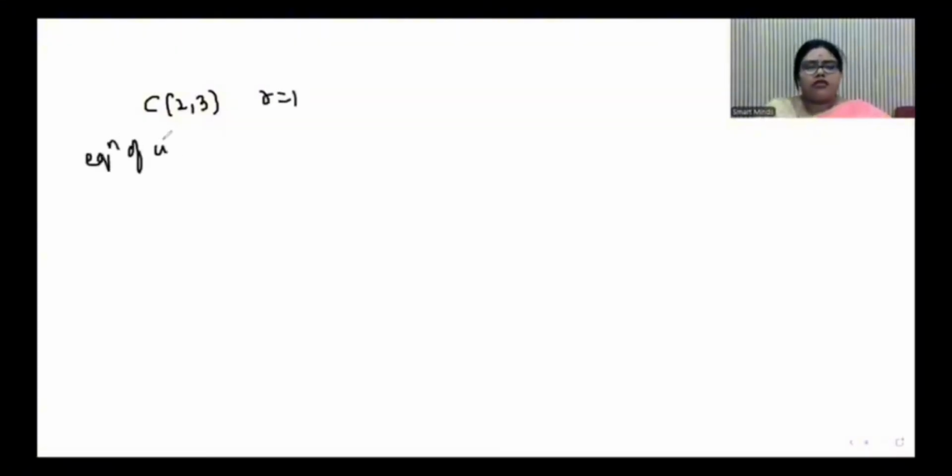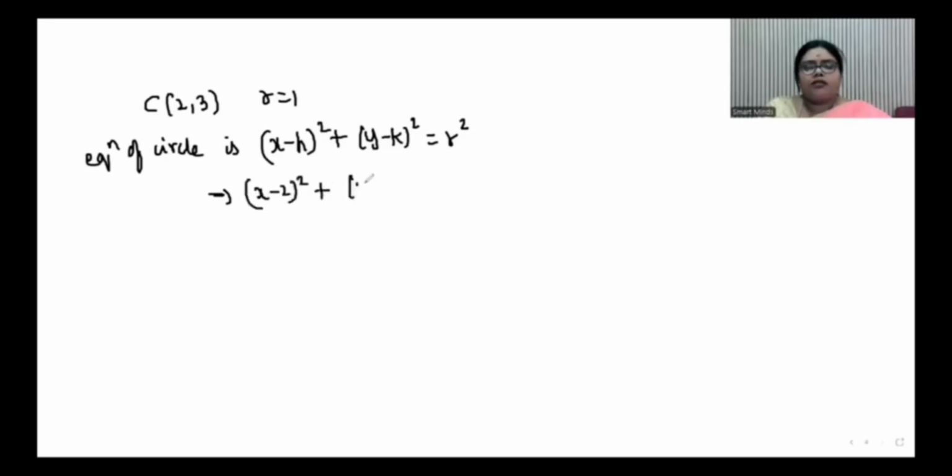So what is the equation of circle when center and radius is given? X minus h whole square plus y minus k whole square is equal to r square. So that is x minus 2 whole square plus y minus 3 whole square is equal to 1 square.